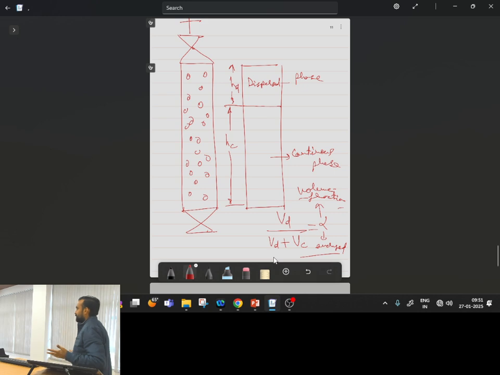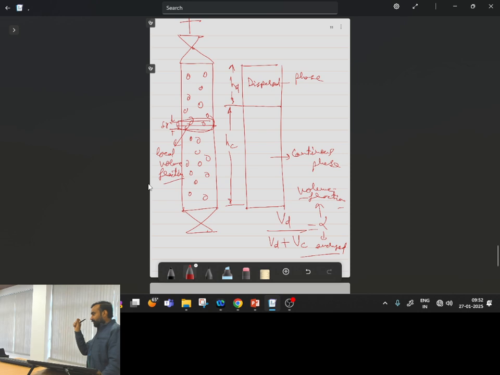But instead, if I consider that this is my cross section and I simply take an infinitely small thickness across this cross section, and only within this infinitely small volume, I measure the distribution of the dispersed phase and the continuous phase, what will that be? That will be my local volume fraction. Is this point clear?